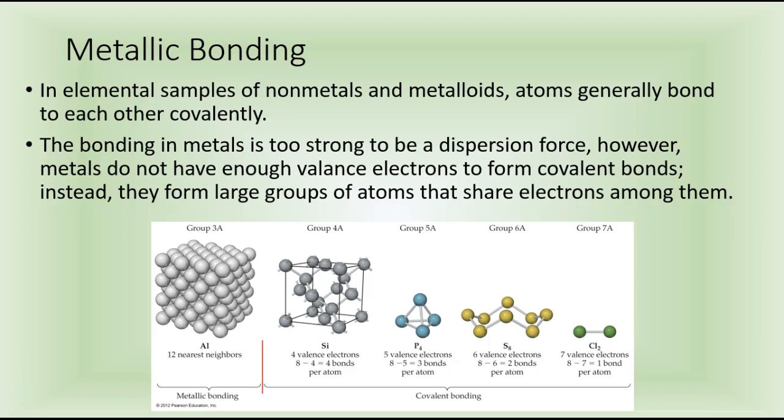So that's what this is saying here, that metallic bonding is stronger than a dispersion force. But they're not exactly forming covalent bonds like the other nonmetals and semimetals are. So what we're looking at is, again, a collective effect of a large group of metal atoms together that produces the properties that we observe in metals.